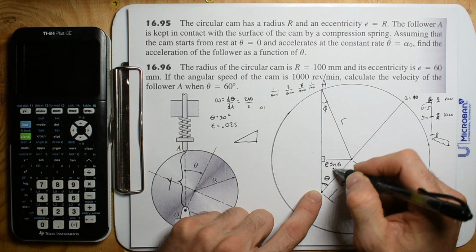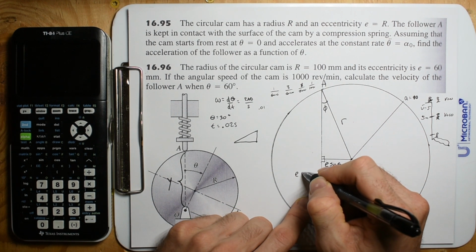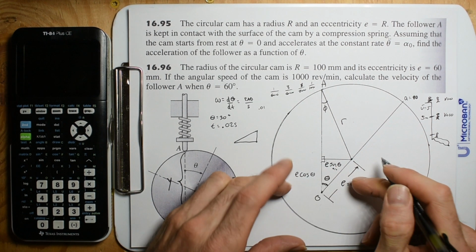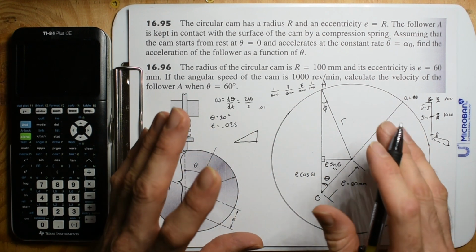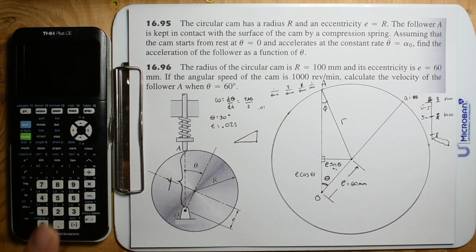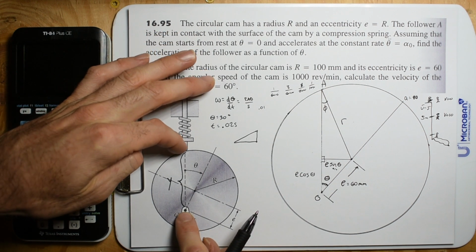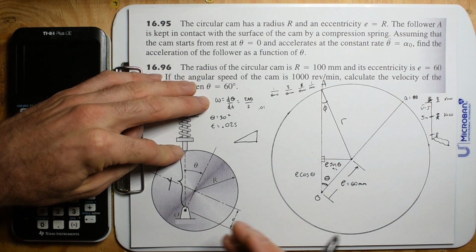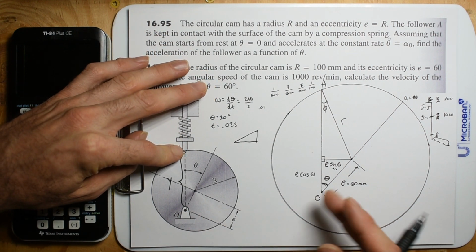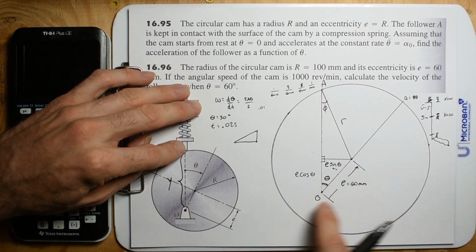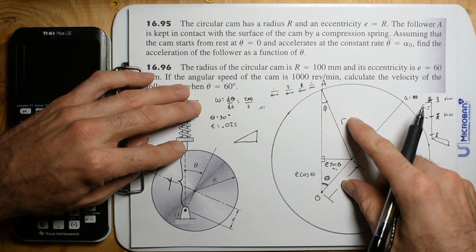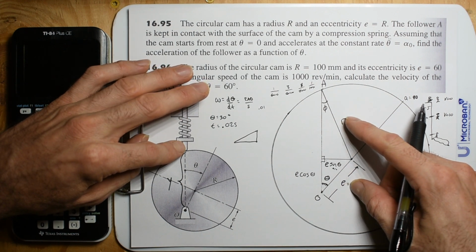And if that's the sine component, this is going to be e cosine theta. Now let's take a step back. What are we trying to do? We're trying to find this height in terms of something we know, like one variable that's changing. If we could find this height in terms of E and R, that's all we need to know.